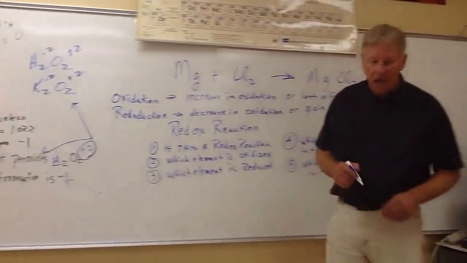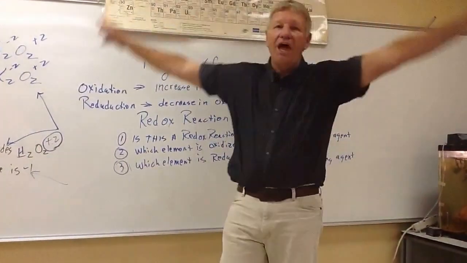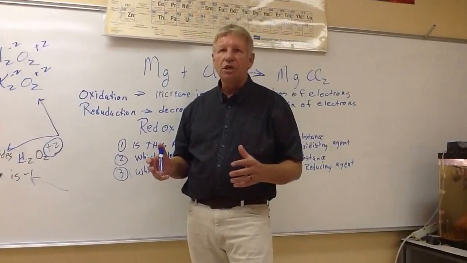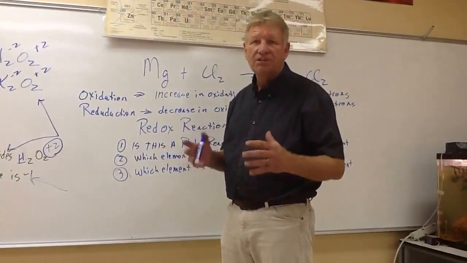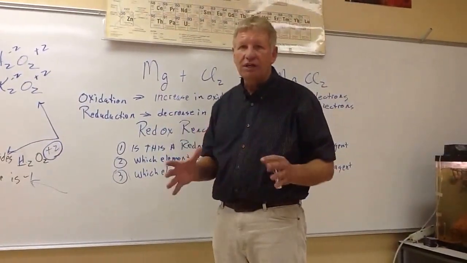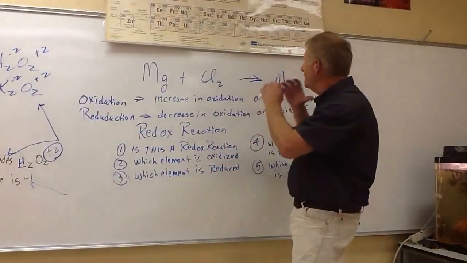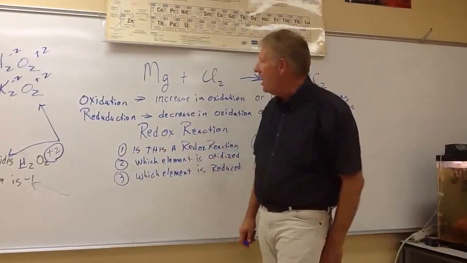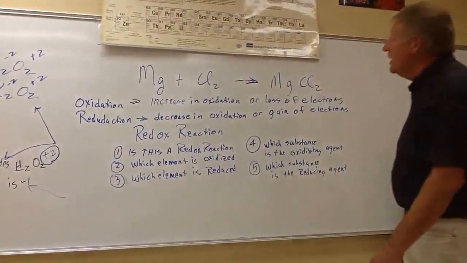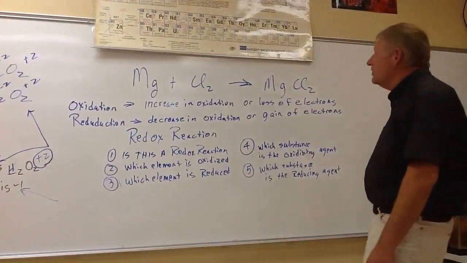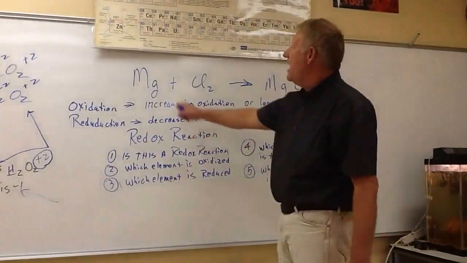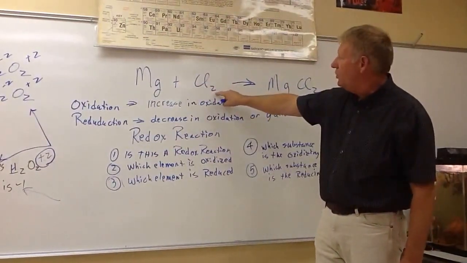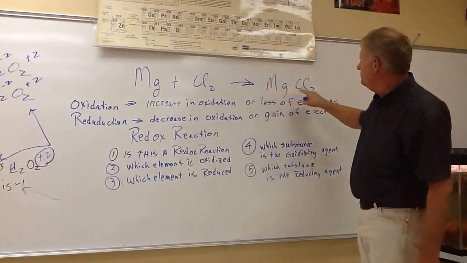Okay, here we go. We learned all of that to learn this. We learned all about oxidation numbers to get to what chemists need to know. Now, here's a chemical equation: magnesium plus Cl2, 2 atoms of chlorine, yields MgCl2.